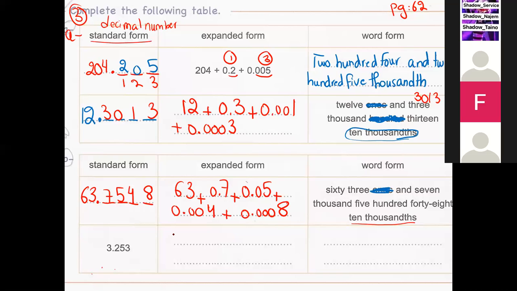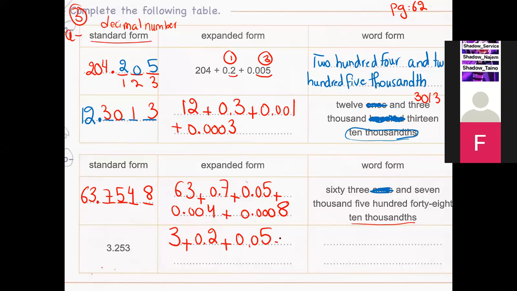The last one. 3.253. 3 plus 0.2 plus 0.05 plus 0.003. Excellent, Nabil. Thank you.